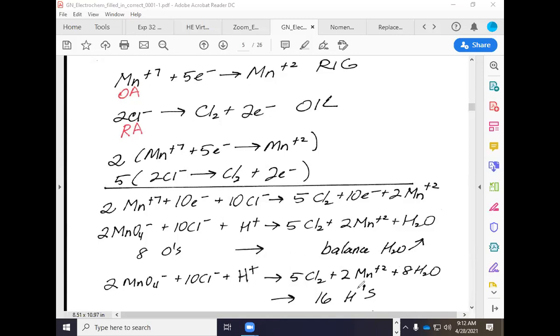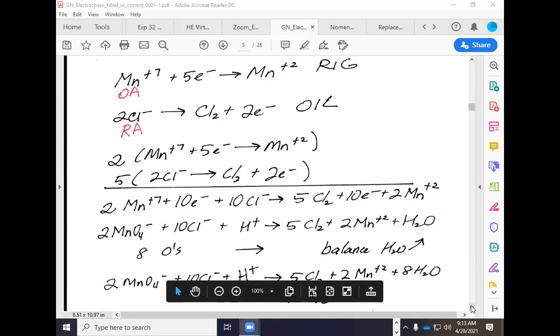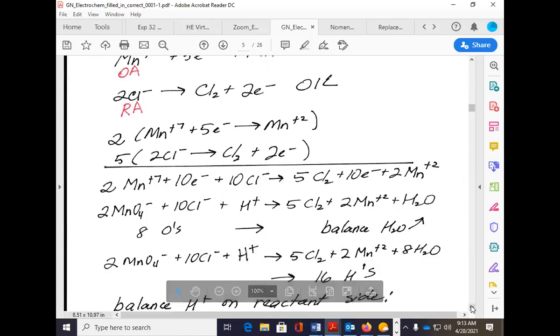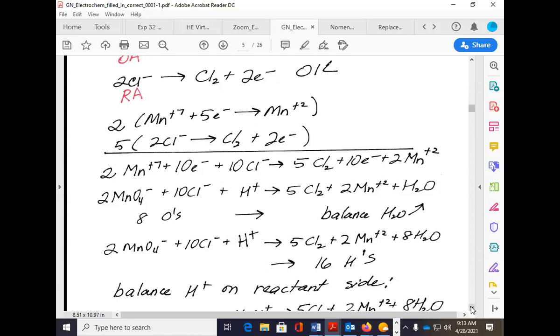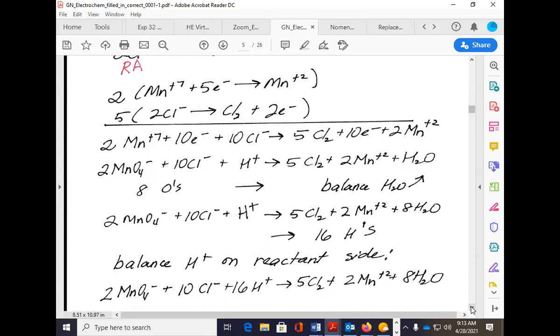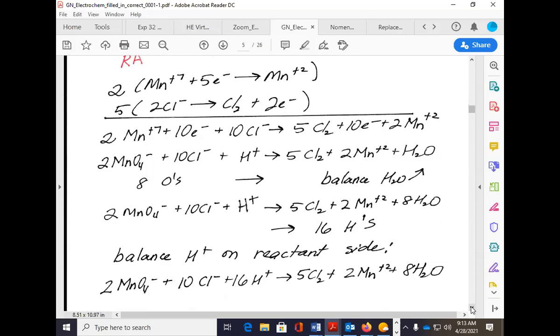So we can go back and we can fix our hydrogens on our reactant side. And then we're done. We have it all balanced now.